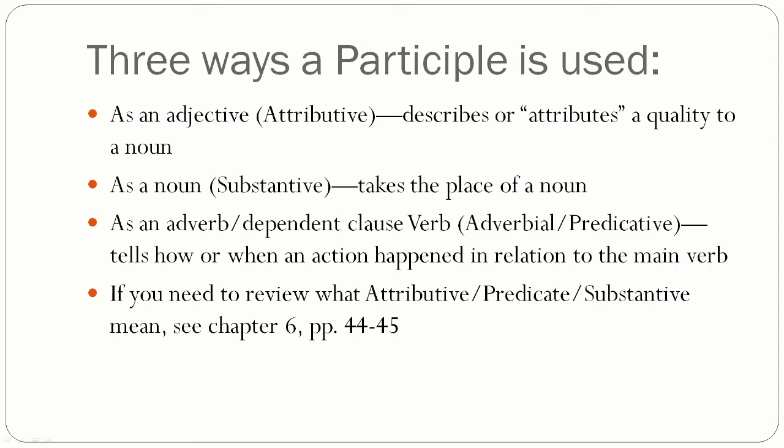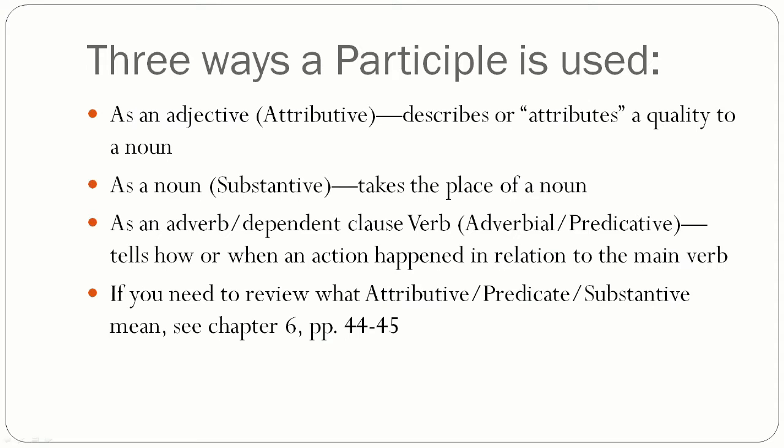This is called the attributive participle. This usage describes or attributes a quality to a noun or pronoun or any other substantive, any other naming word. The participle can be used to assign a quality to that word.